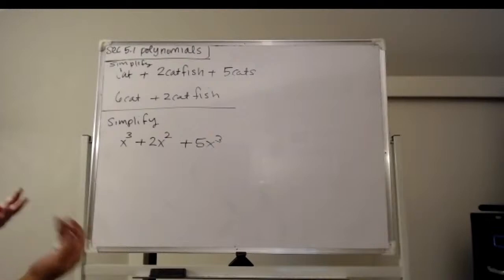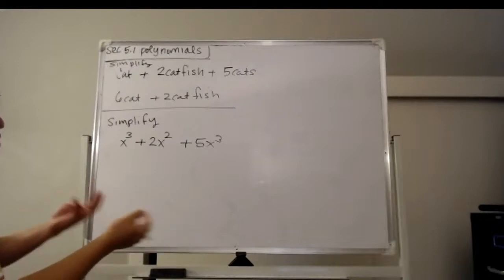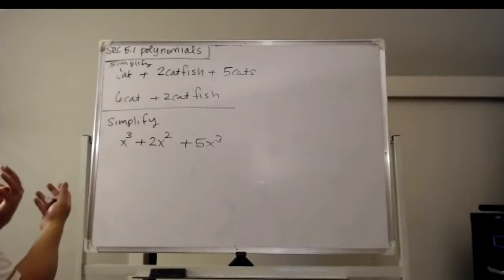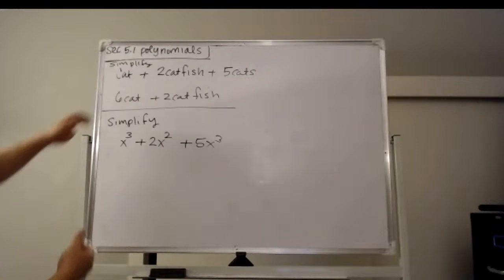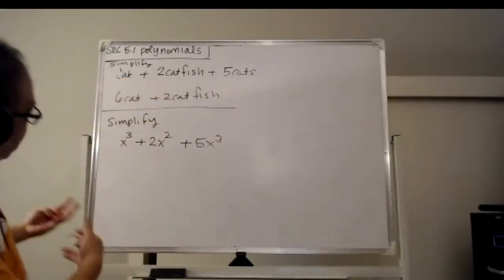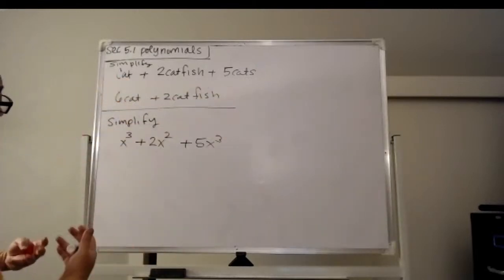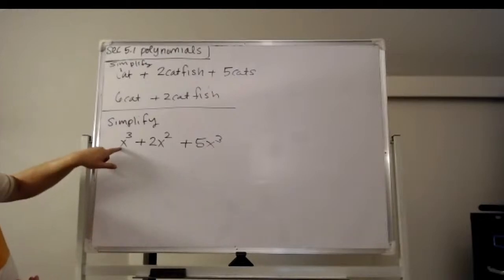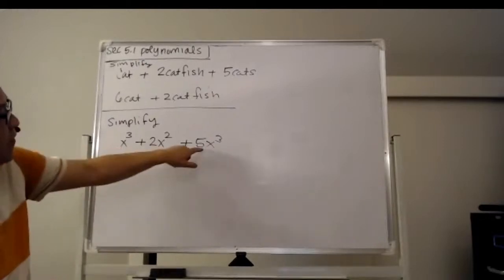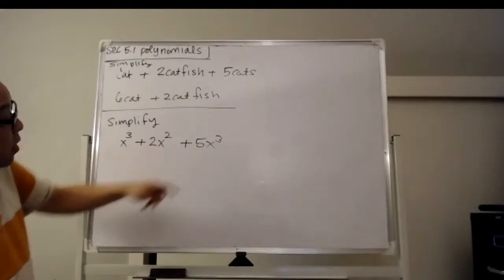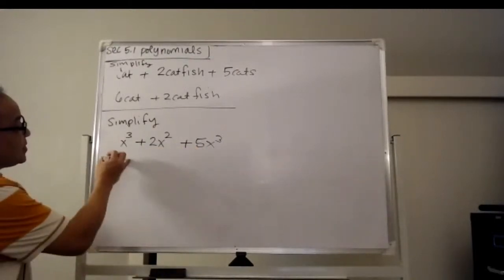So when I'm asking you to simplify, what I'm asking is, could you put the things that are the same together? Like this cat and 5 cats, could you group them together and tell me how many you have? So I've got one of these x cubes, and I got 5 of these x cubes. How many x cubes do I have? I got 6 x cubes.